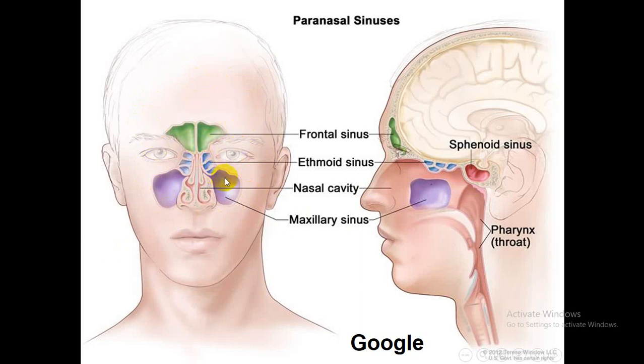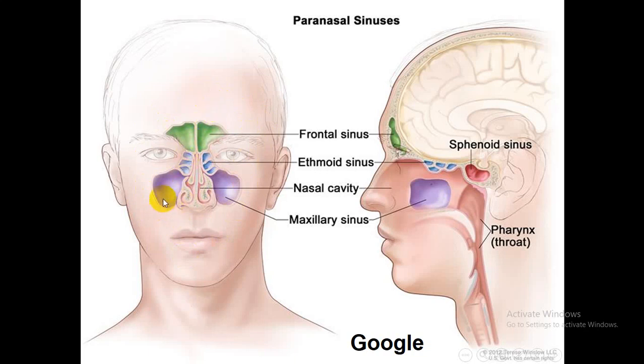These sinuses communicate with the nasal cavity through relatively small openings or apertures, and each one opens separately. The function of these sinuses is to act as resonator to the voice, amplifying it, and also to reduce the weight of the skull.